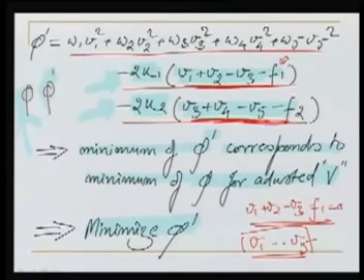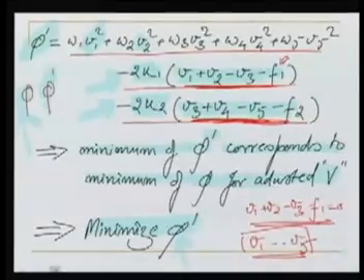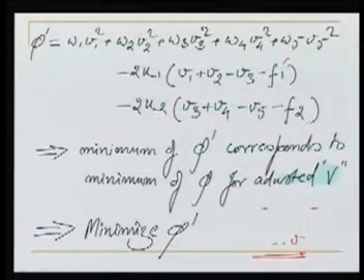Now we have taken a decision: we are going to minimize phi dash. How to solve for that? We find the partial derivatives of phi dash with each of these variables V1, V2, V3 and equate them to 0. Let us do it with respect to V1.